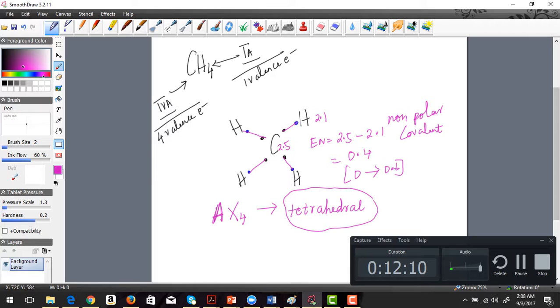Everything else you can get from just doing the process. This is the only thing on the screen that you would have to memorize. If you want to find a mnemonic for it, tetrahedral is 4, so there's 4 bonds, and that's why it's tetrahedral. On a long list of things, it's the only thing you have to memorize.